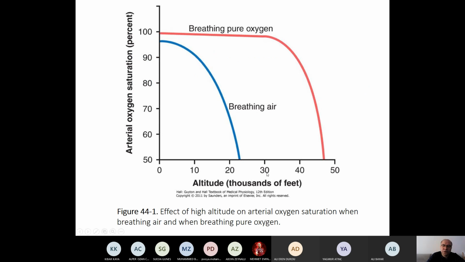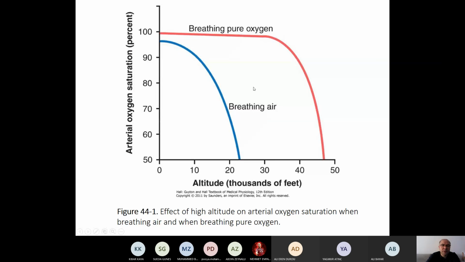Okay, you see here the altitude, in thousands of feet, and the arterial oxygen saturation. If you breathe air, and then if you breathe pure oxygen, the oxygen saturation will be very high until 30,000 feet.